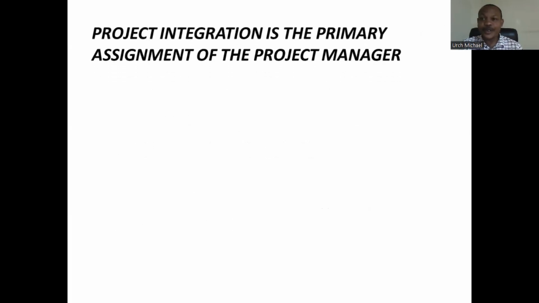But first of all, you need to understand that project integration is the primary assignment of the project manager. That means I would not be wrong to say that the project manager can also be referred to as the project integrator. In your PMP exam, most of the time they will ask you what is another name for the project manager, and you can simply say project integrator. Why? Because we have to integrate all the other project knowledge.